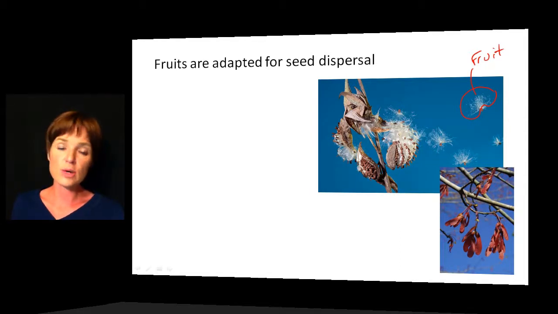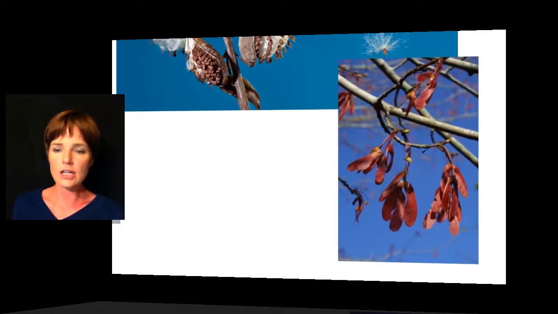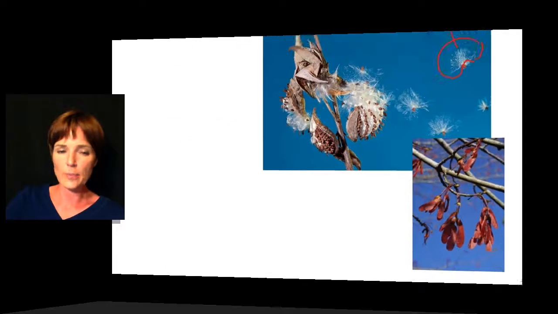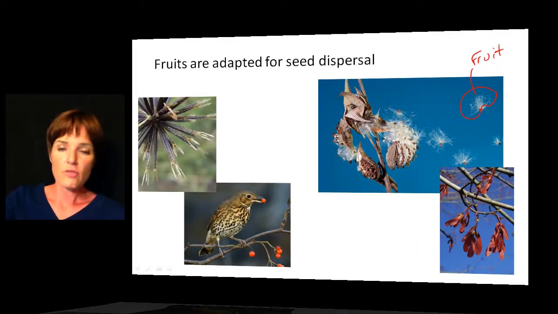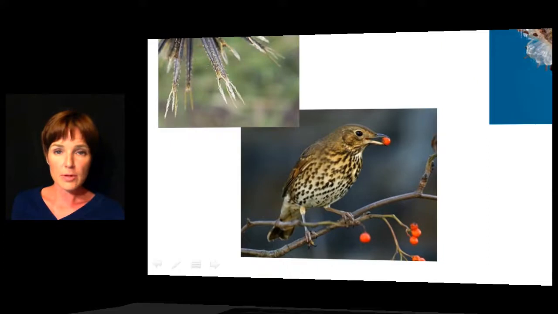So here we have two examples of ones that would disperse by wind. The maple on the bottom has wings on it that kind of act like propellers when the wind blows. So that helps to carry those a long distance as well. We can also have ones that are specialized for animals to disperse them. You could have animals attracted to eating them, like we see the bird on the bottom of this slide.